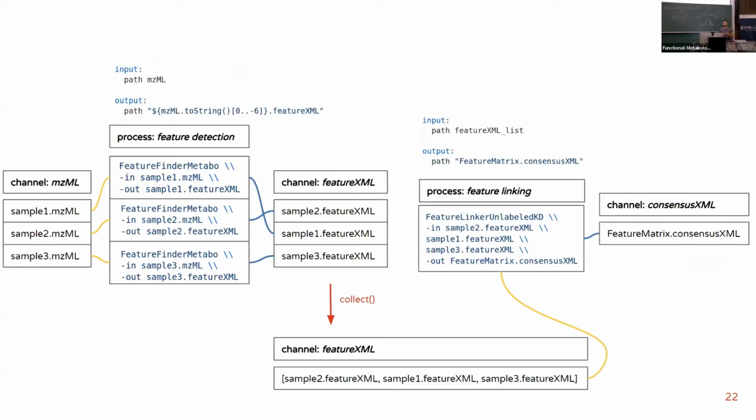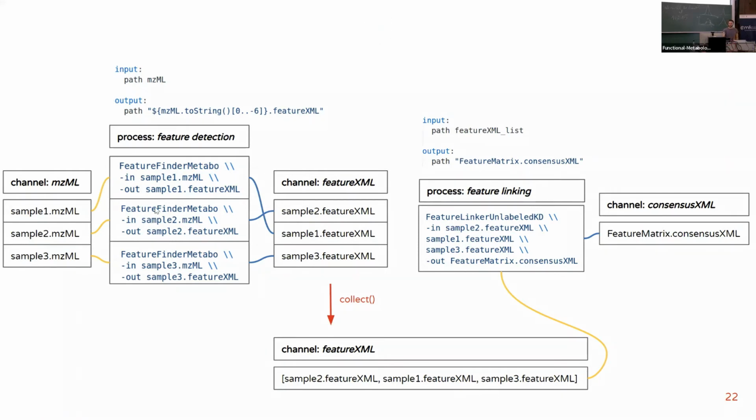And just to put the channels and processes together in a complete example for feature detection and feature linking, let's say we have a channel of mzML files here, then we will call the process feature detection. The input, you don't have to specify any real names. You can just name that mzML, and the output, I just removed the mzML and added the featureXML extension.